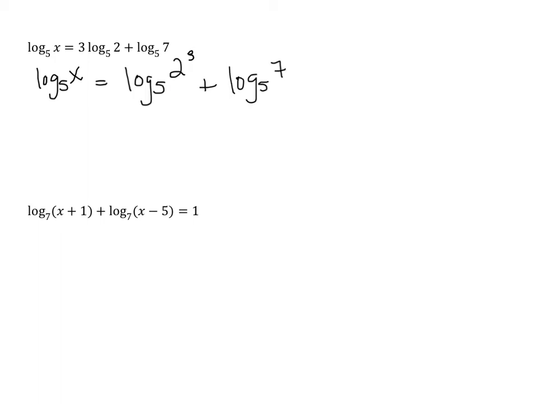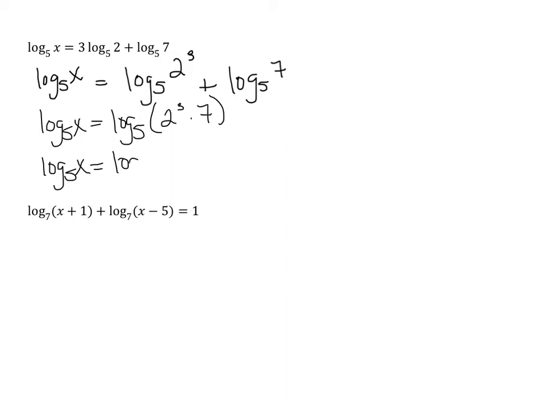Now what I see is I've got the same base and we're adding, so I can make this log base 5 of x equal to log base 5 of 2 cubed times 7. Well, I know what 2 cubed times 7 is. Two cubed is 8. 8 times 7 is 56.